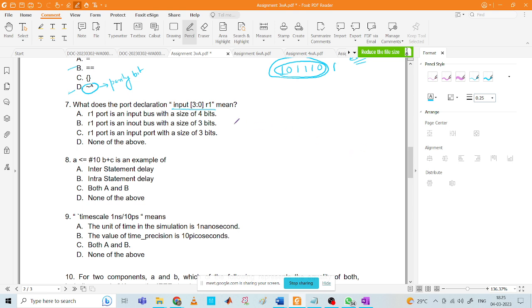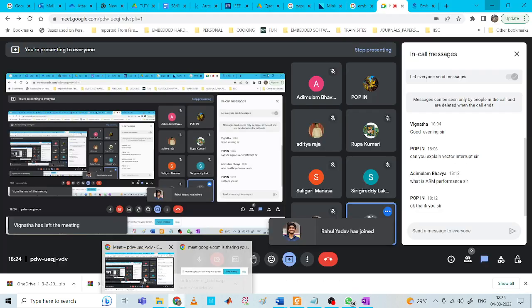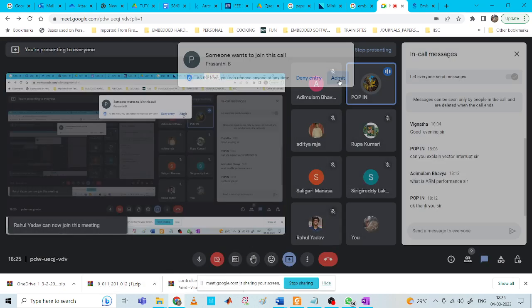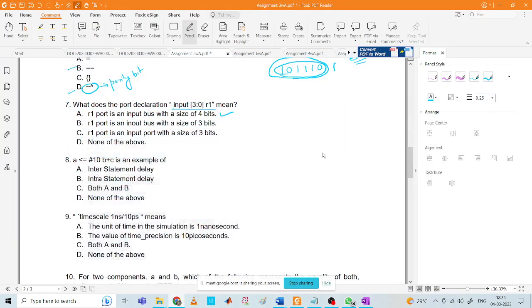Option A. Yes. Anyone has any question? Option A is correct. So the total 4 bits. The given is the LSB bit. So totally 4 bits of input. Yes, exactly. 0 is the LSB and then 3 is the MSB. Good. Very good.